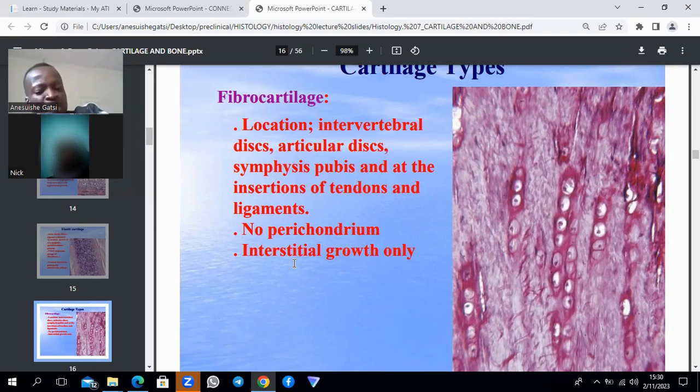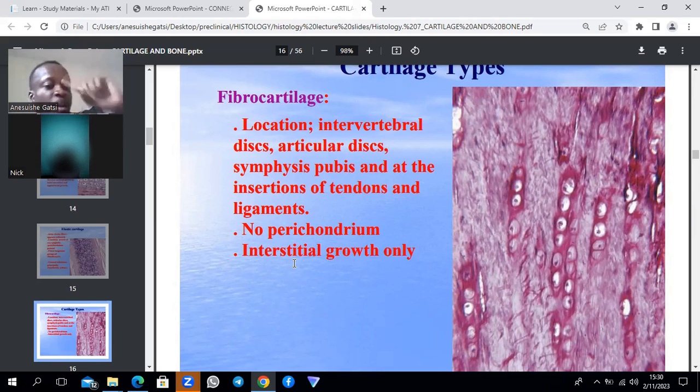It lacks a perichondrium. For appositional growth, you need migration of those chondrogenic cells from the perichondrium. What is perichondrium? It is the dense, irregular connective tissue that surrounds cartilage, and that is also where the nutrients and oxygen come from, the blood vessels that are within it.